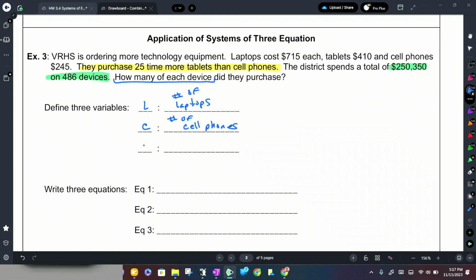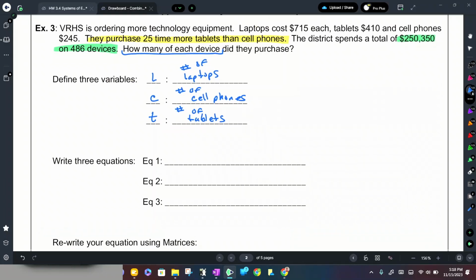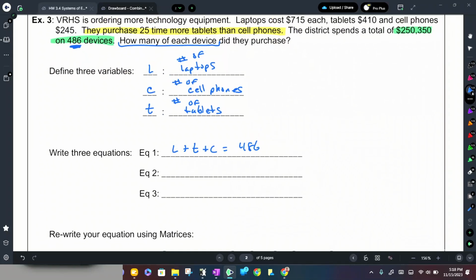And tablets, I did this out of order, is going to be T, that's the number of tablets. We know the total number of devices, so if L, C, and T are the number of the devices, we would say that L plus T plus C is equal to 486. And those are our devices.